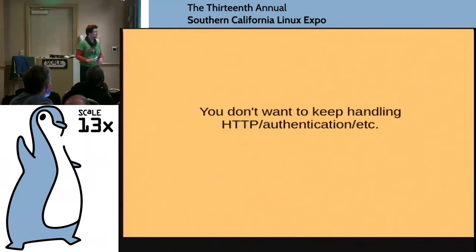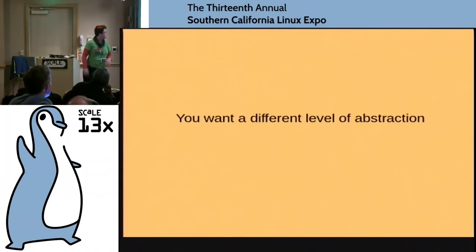So I'm going to go sort of from best API to APIs in this world that we live in today. So you may just not want to have to keep handling HTTP authentication, stuff like that in the client that you're writing. You want someone to have handled all of that stuff for you so that you can do more interesting things. You want to engage with the API at a different level of abstraction than the API is interested in providing to you.